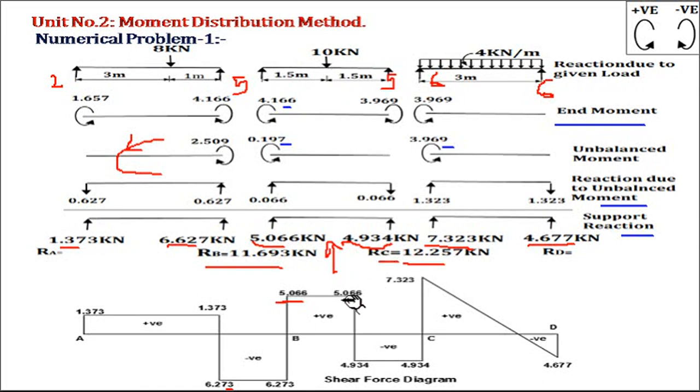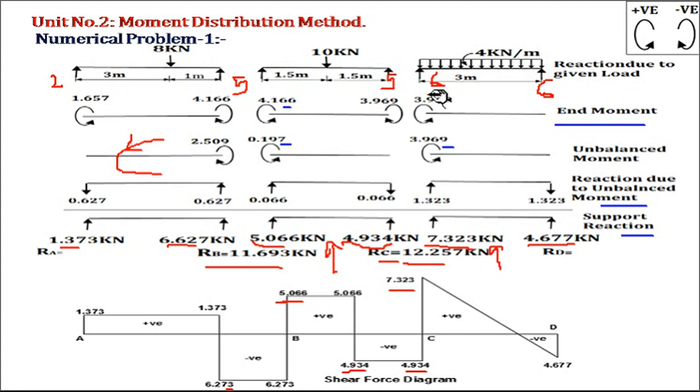Now there is a point load of 10 acting downward, so 5.066 minus 10, that value is minus 4.934. Here there is no load, so join by a horizontal line. The reaction at C is 12.257, acting upward, so 12.257 minus 4.934 comes to be equal to 7.323.